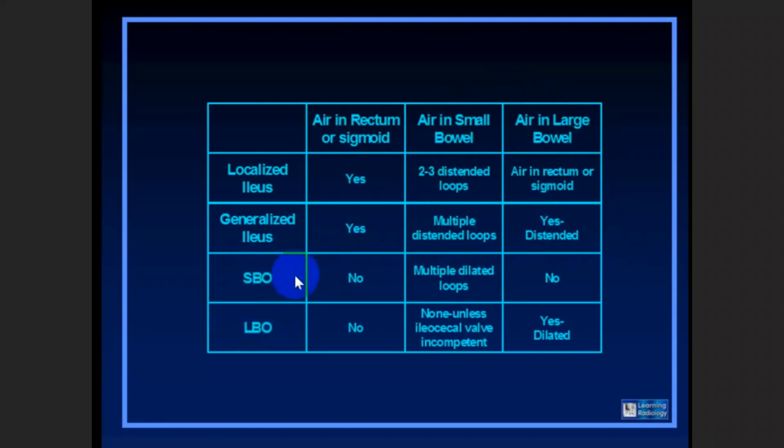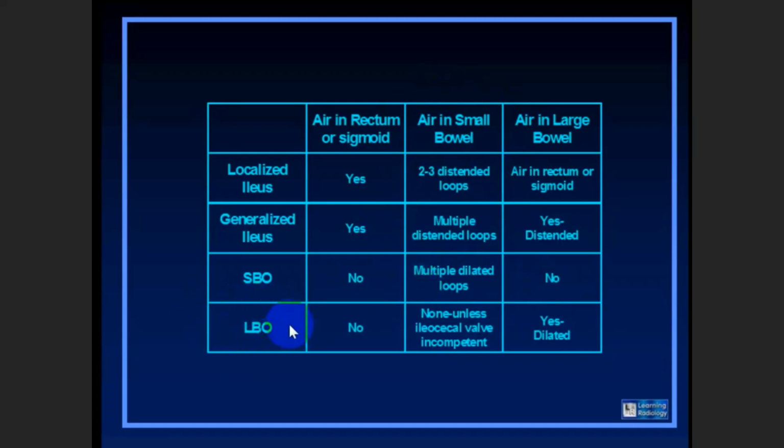In cases of small bowel obstruction, there will be no normal air passage from small to large bowel, so we will not find normal air in rectum or sigmoid or in the rest of large bowel. If we could visualize air in the small bowel, it will be multiple dilated loops, more than 3 centimeters, of small bowel proximal to the obstruction.